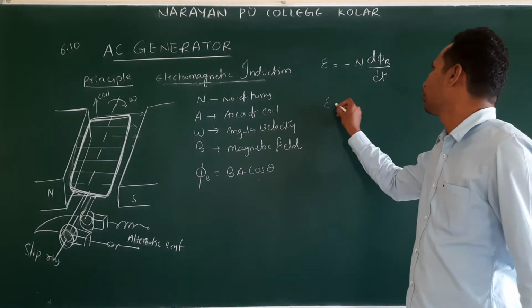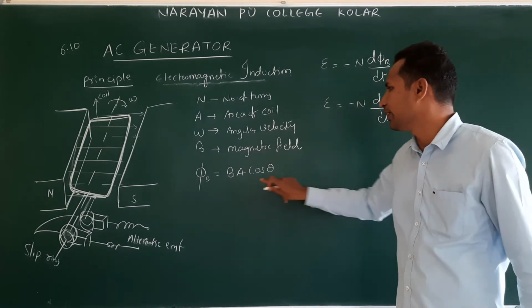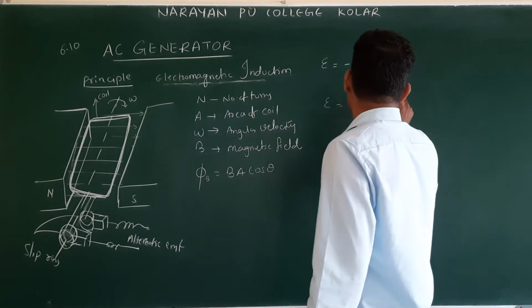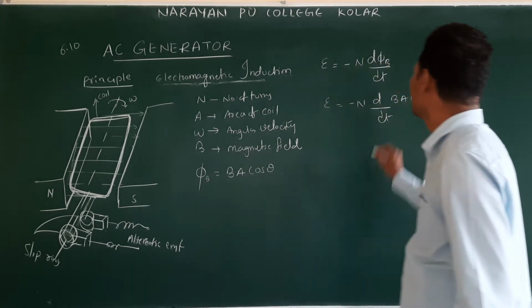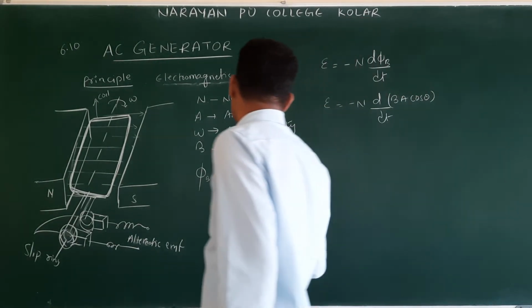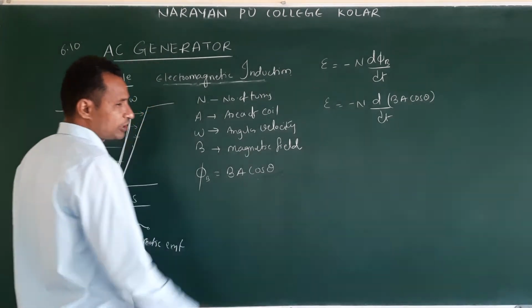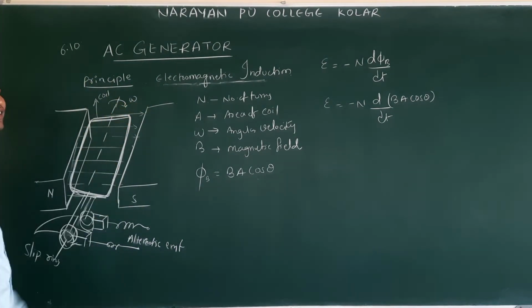So E is equal to minus N d by dt of phi B, which is BA cos theta, right? Am I correct? Here theta is the angular displacement.